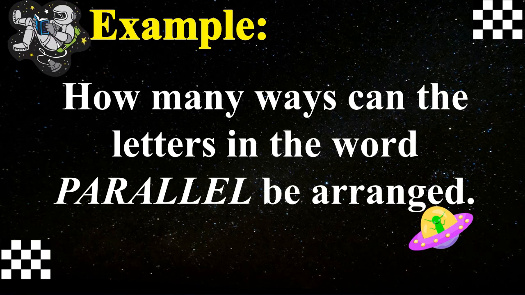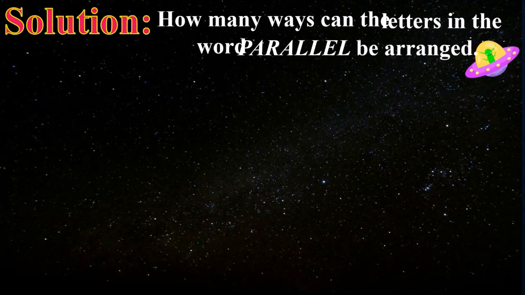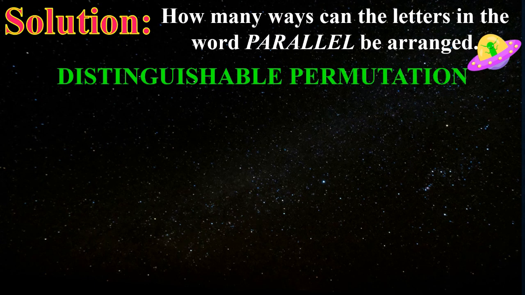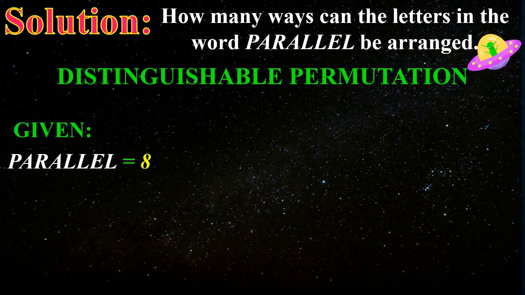How many ways can the letters in the word parallel be arranged? The problem states distinguishable permutation. Let's get the given. The given word is parallel, and parallel has 8 letters. There are 2 letter A's, and that will be our r sub 1.